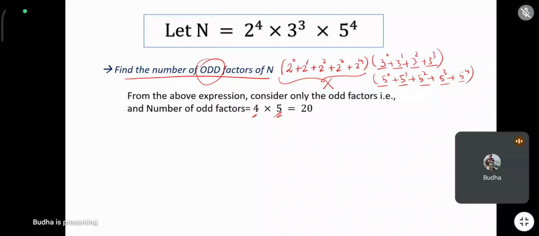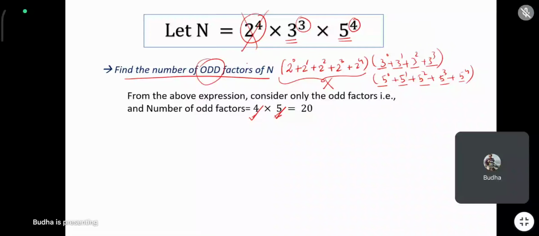Now you will ask what is this? Indirectly, if you want to find odd factors, remove this, forget about it. Consider only the odd prime numbers. This is 3, so I'm writing 4. This is 4, so I'm writing 5. Answer is 20. Done. Got my point, everyone? Yes, sir. Okay.